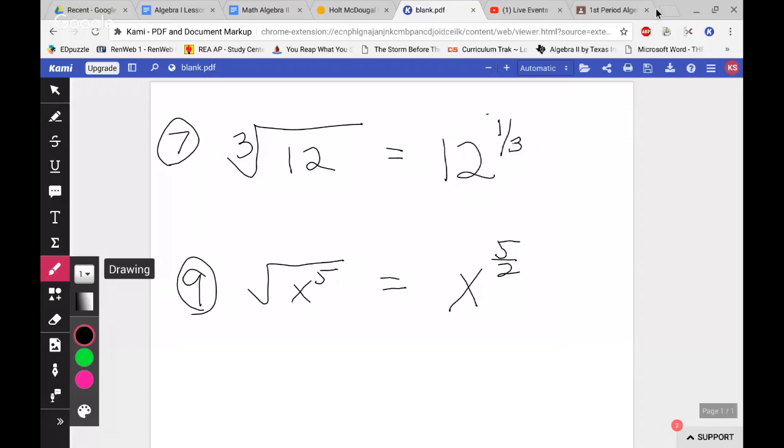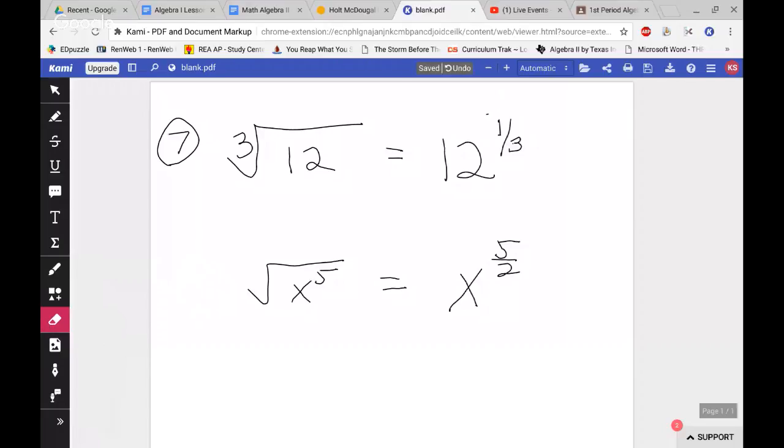So there's the evaluate the given function. I was thinking perhaps you could read me a problem. Sure.